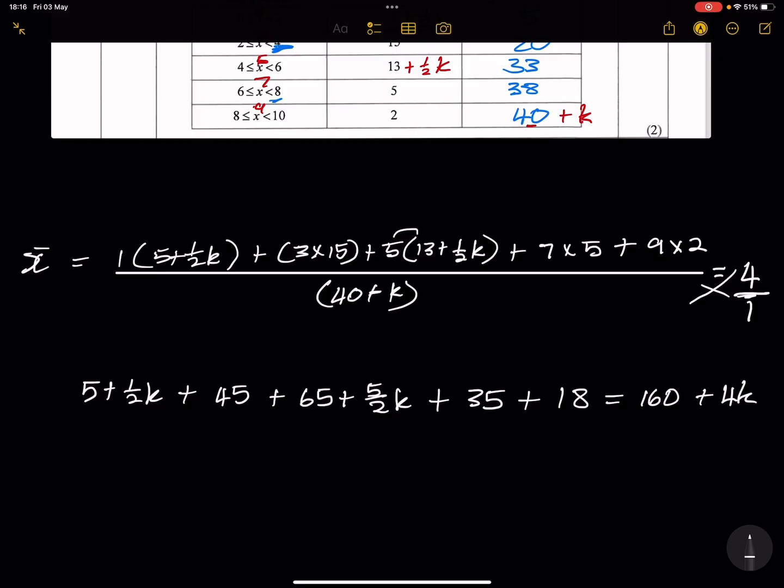We've got only 2 terms for k here: half k plus 5 over 2k, which gives me 3k.